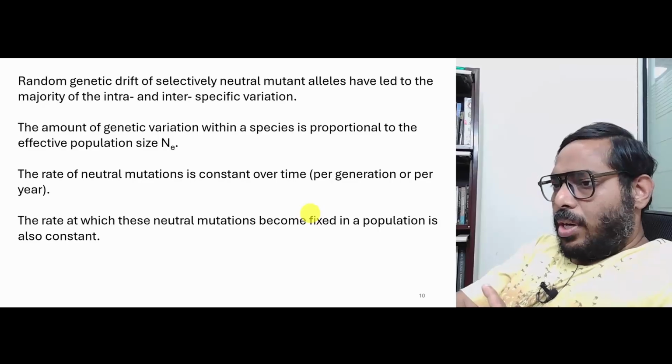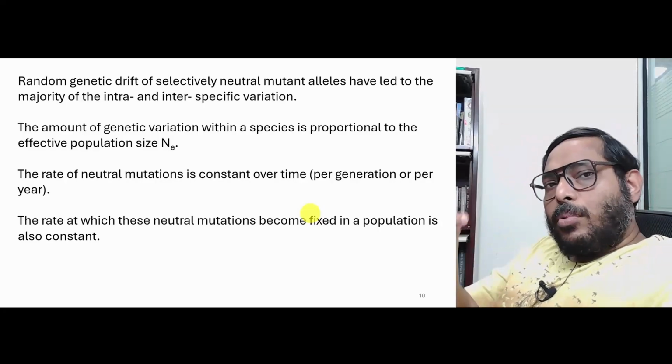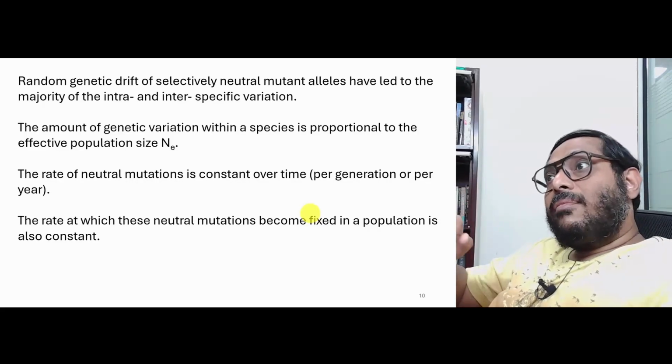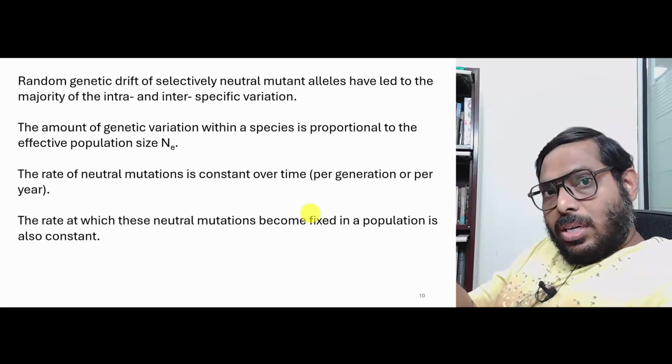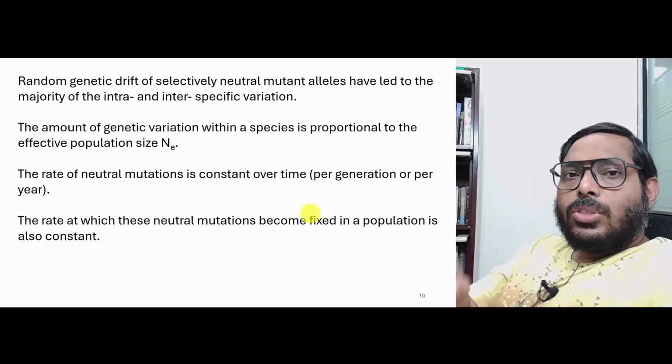Now, think about it. If the rate of neutral mutations in a population is constant and the rate at which these neutral mutations are getting fixed is also a constant, then taken together, what is going to happen?